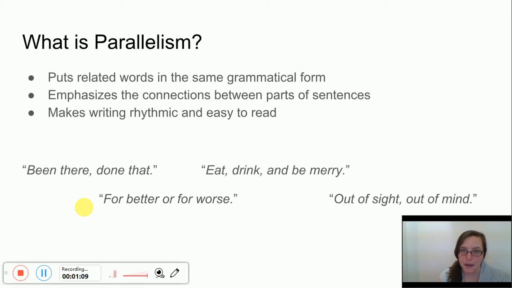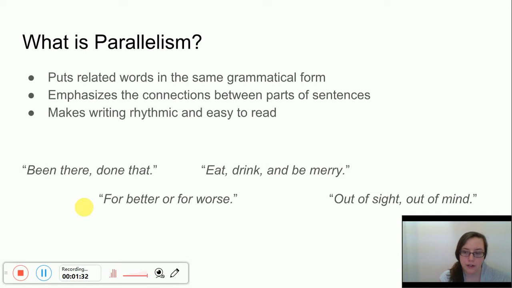You can think about parallel lines on the road, the two lines in the middle of the road that divide where the traffic goes in opposite directions. Those lines are parallel. There's two of them. They run side by side. So if you can imagine taking that concept and bringing it over to English, that's essentially what we're talking about here.